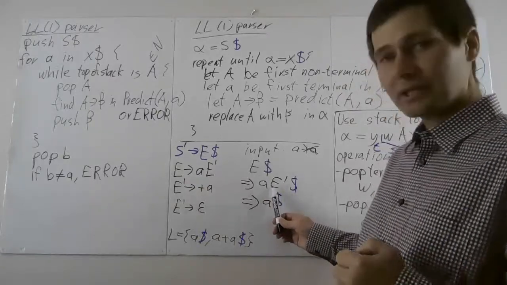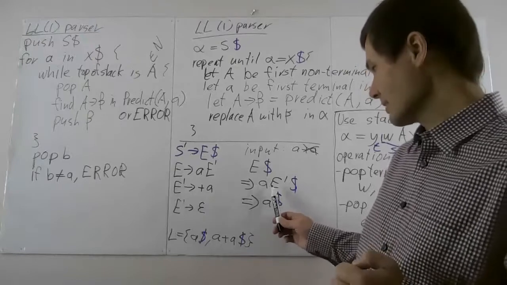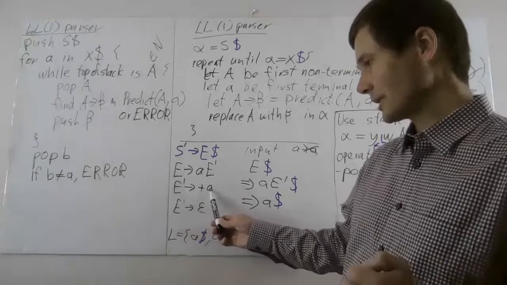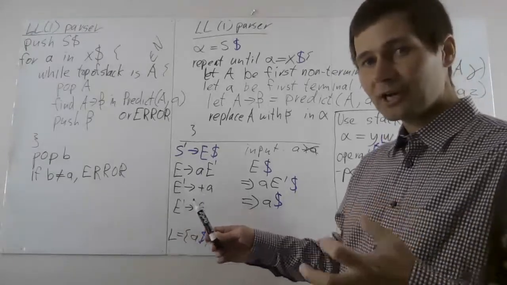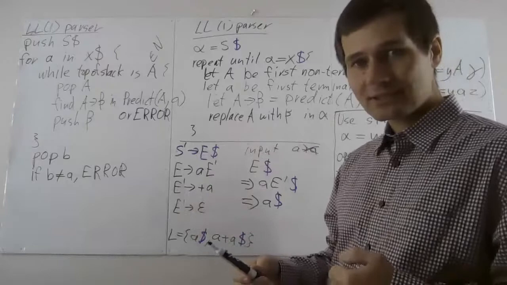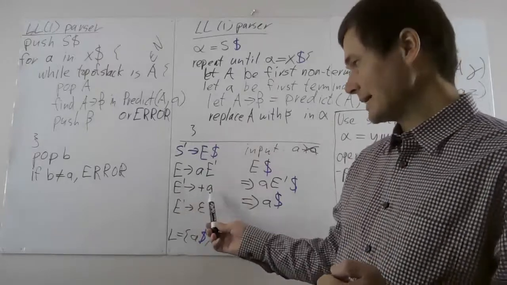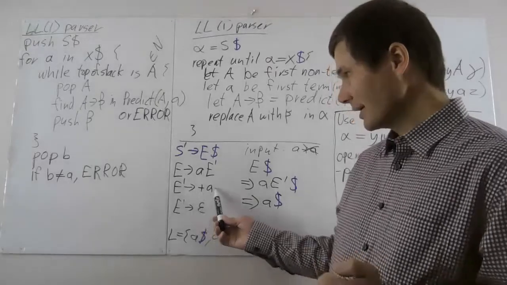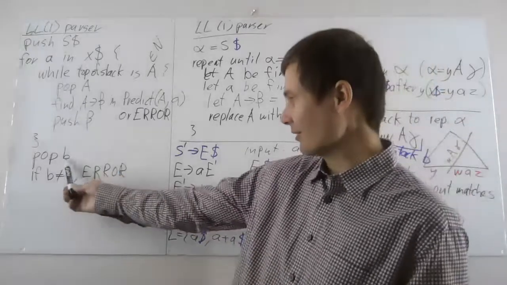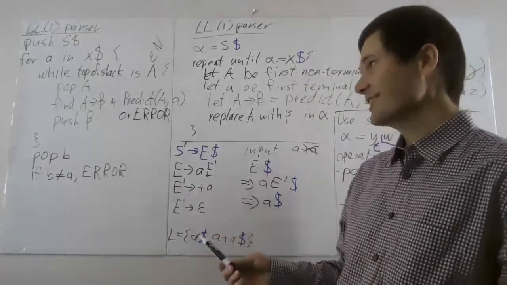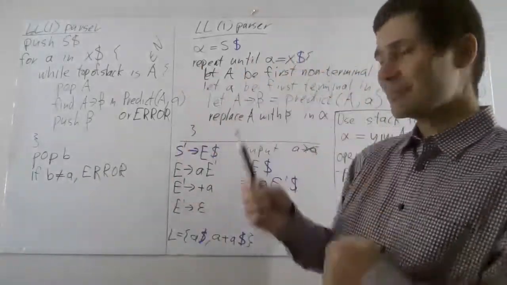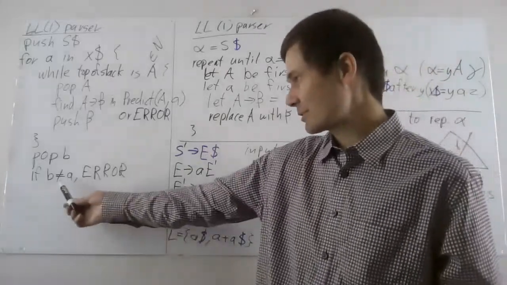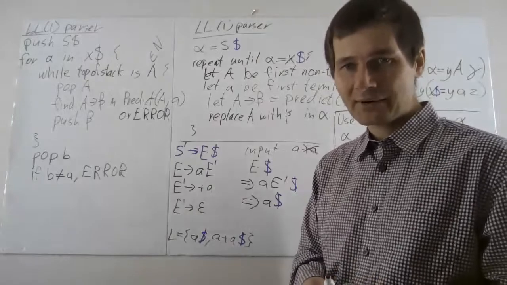And so the predict function would say, to turn E prime into something that starts with plus, turn E prime into plus A. So now my B that's on the stack would be A, and my A that comes from the input would be plus, because the input would be A++, and so these wouldn't match, and so I would get an error here.